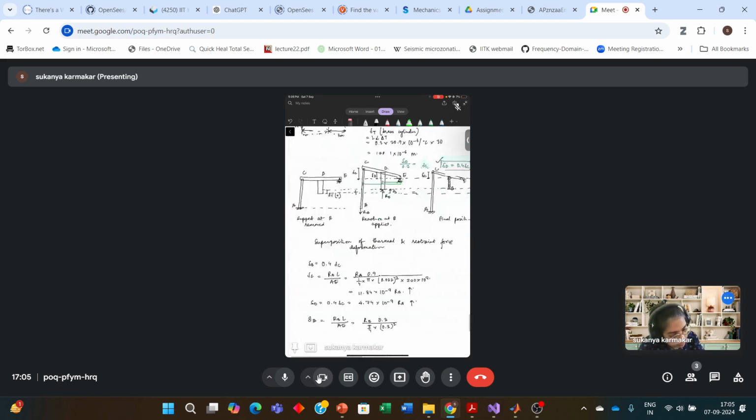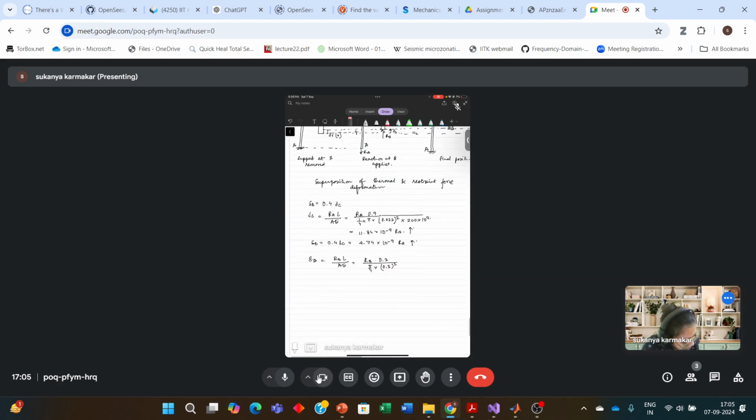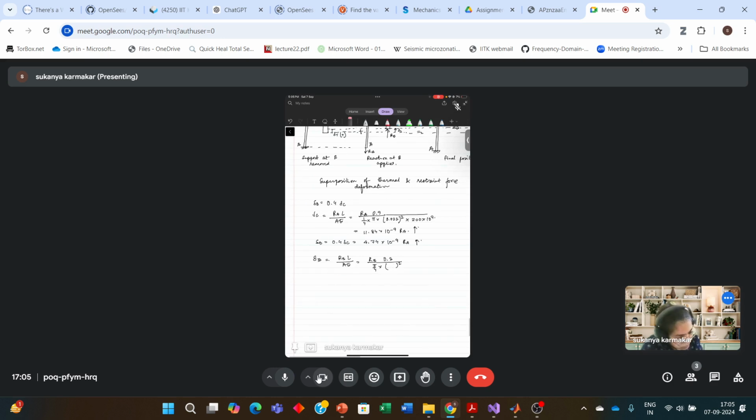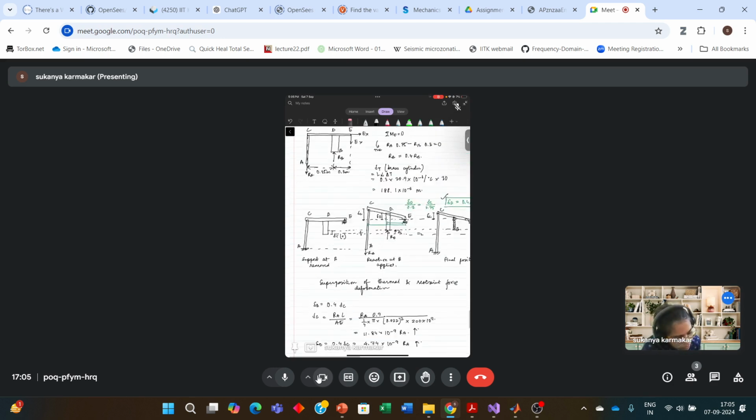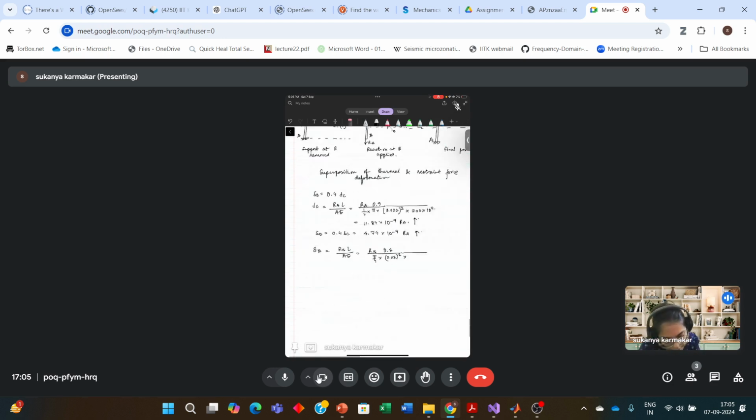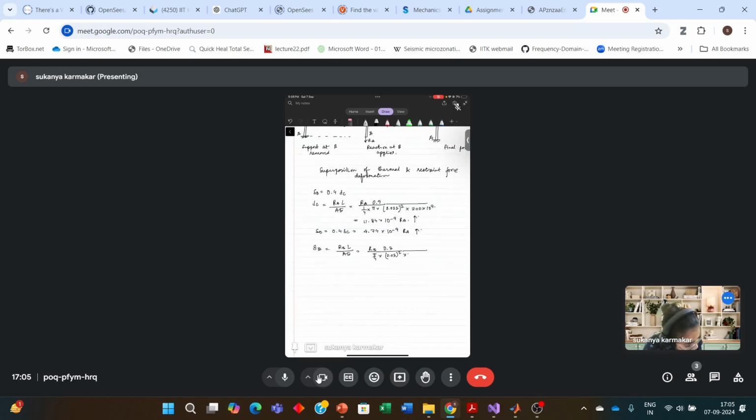Sorry, not 300 mm, 30 mm. So pi by 4 into 0.03 squared. And it is made up of brass, so Young's modulus is 105 GPa, 105 into 10 to the power 9. If you solve this, you will get 4.04 into 10 to the power minus 9 RB, which is again in the upward direction.